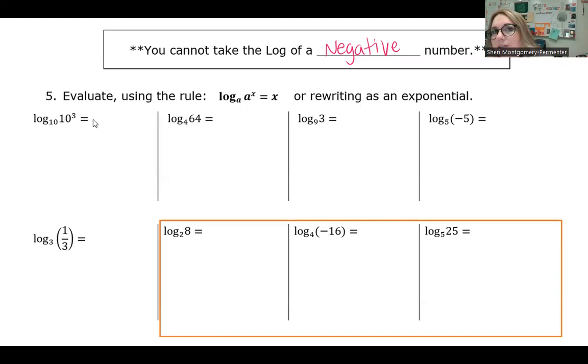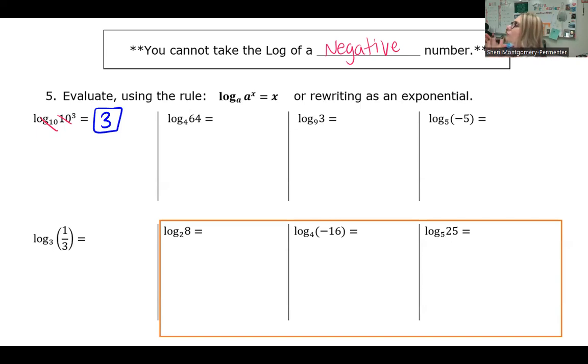See how 10 and 10 are the same? Then the answer is whatever that exponent is, because if the base and the base are equal, they cancel out, and you are just left with 3. If the base and the base are the same, you are just left with the exponent.